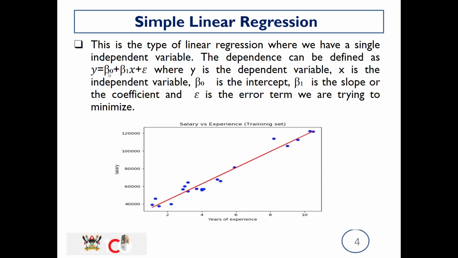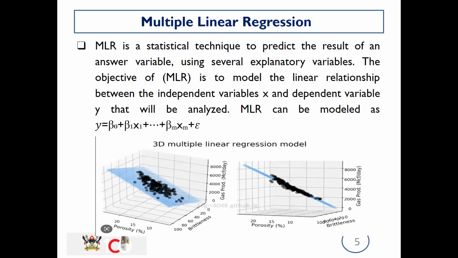Beta node is the y-intercept, or how much the salary will be when there is 0 years of experience, and then b1 is the coefficient, or how much salary increases per unit year of experience, and then E is our error term, which we aim to minimize using linear regression.